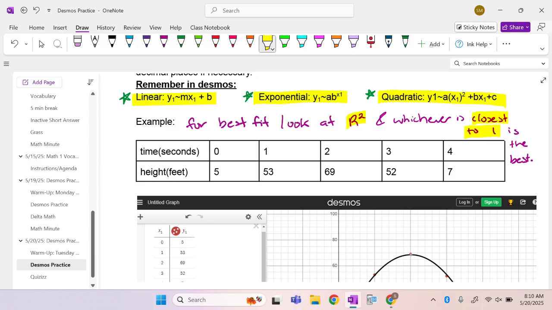Now, this is also true for if you just want to find an equation. So for example, do you guys remember when we did the practice EOC and a lot of the questions asked you to find the equation that matches this table? Do you guys remember that when we did that practice EOC? You can do a regression to get that equation. You don't have to do the math for it. The regression will just give you the exact equation.